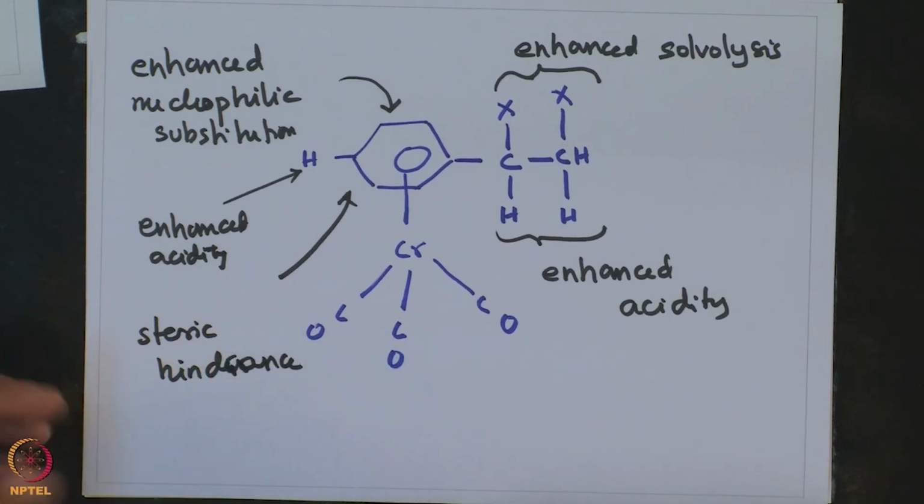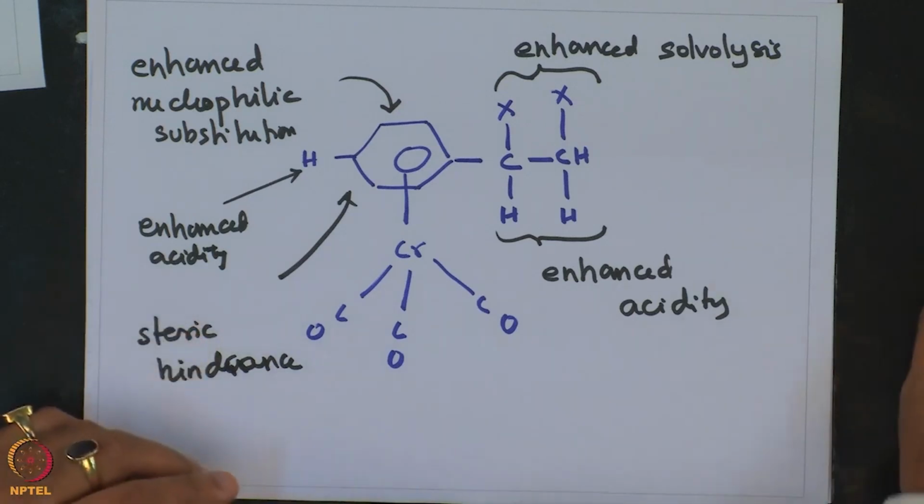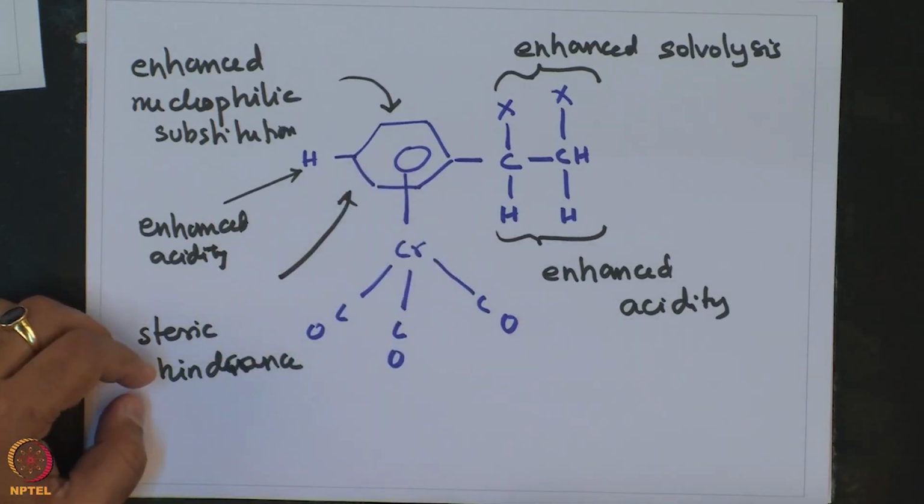So, as a consequence of this enhanced steric hindrance, one sees on many occasions the attack happening from the exo face of the arene ring as opposed to the endo face of the arene ring.